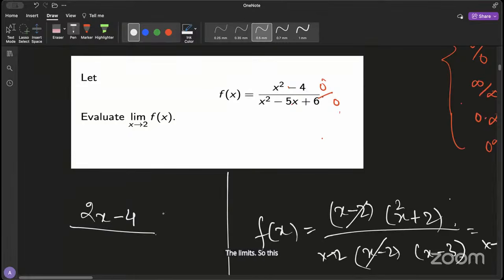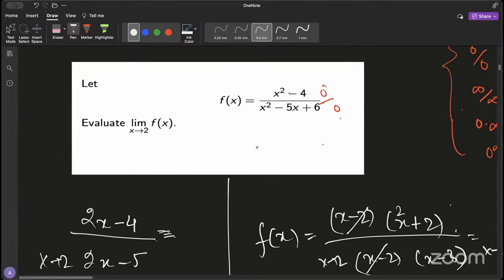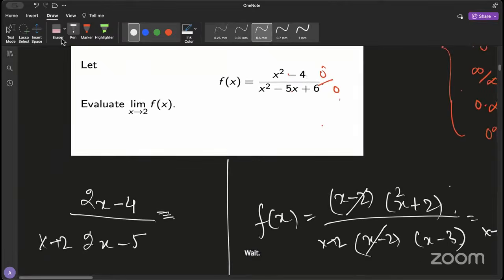So this will be 2x minus 4, and this one will be 2x minus 5. And this you can take x tending to 2. What is this? Wait, this is 2x. Okay, you won't have a 4 here, right? If you take the derivative of x squared minus 4, you will just have 2x.